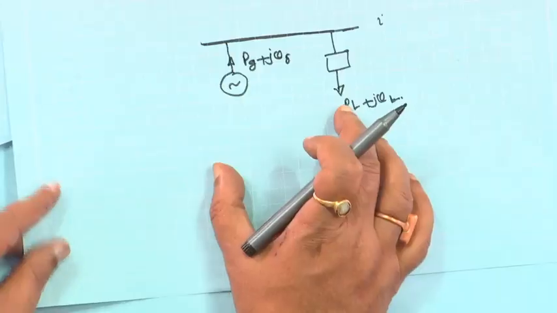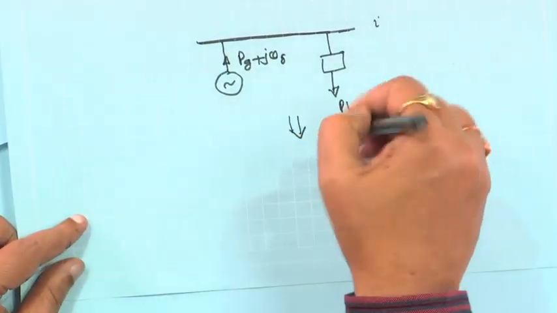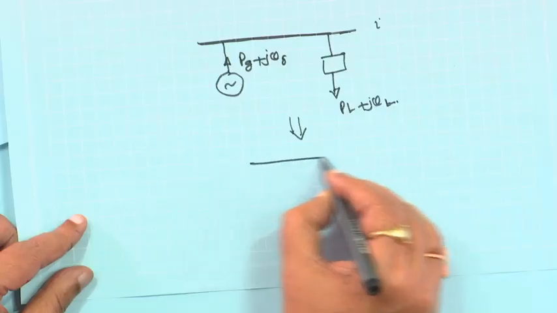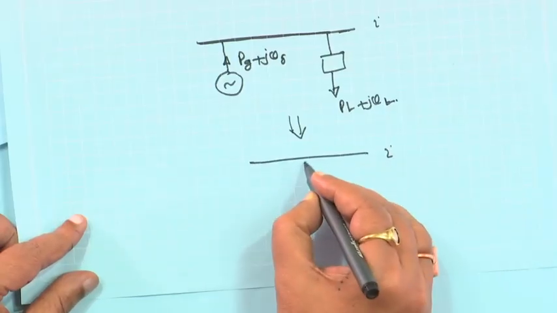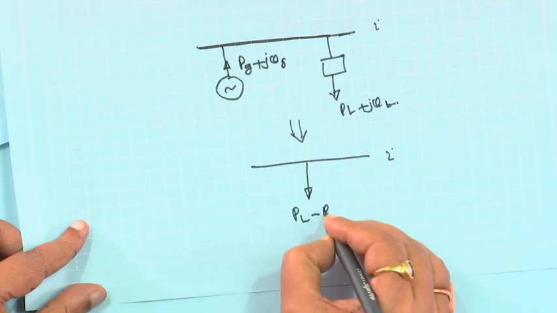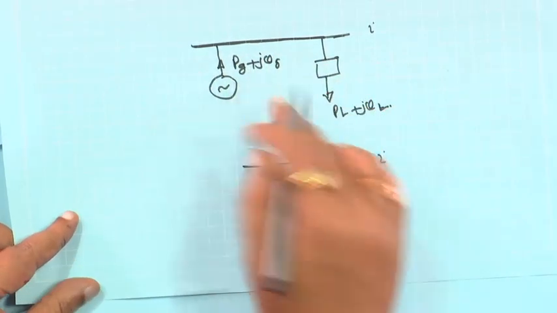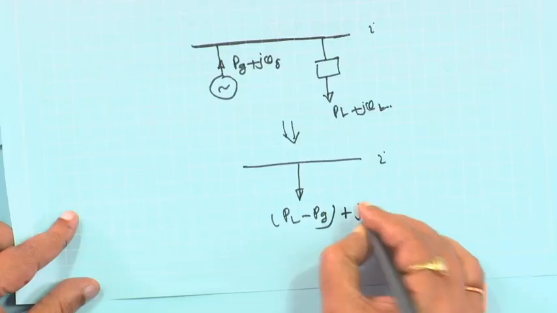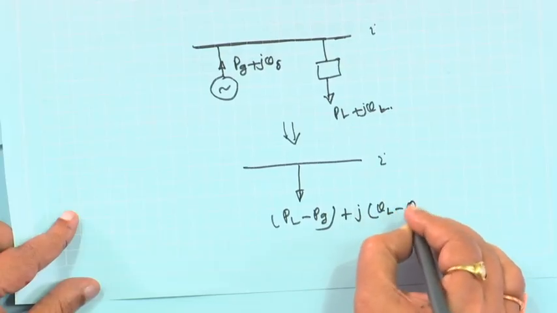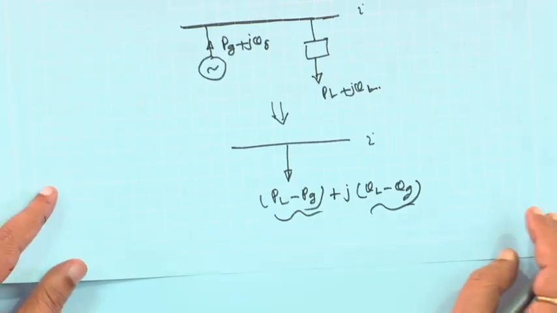What will be the resultant? In the downward direction it will be PL minus PG, because PG is upward and we are taking downward, plus j times QL minus QG. This is the resultant.